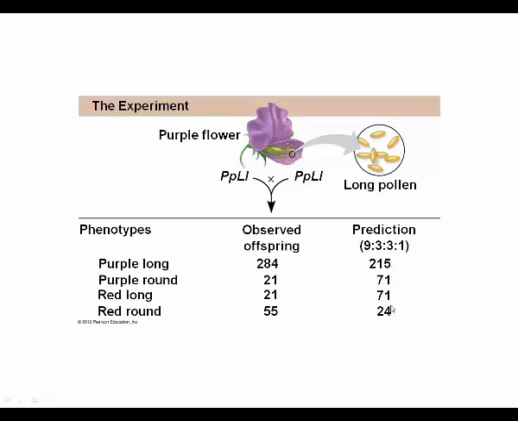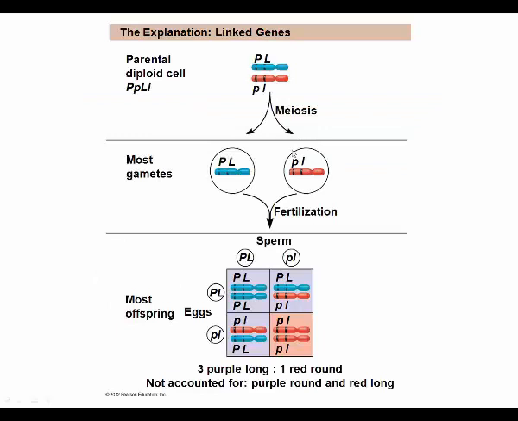Instead, if these are not found on the same chromosome, we would expect a 9 to 3 to 3 to 1 ratio. And instead, we see a different observed number of phenotypes. The reason for this is that the genes are linked.